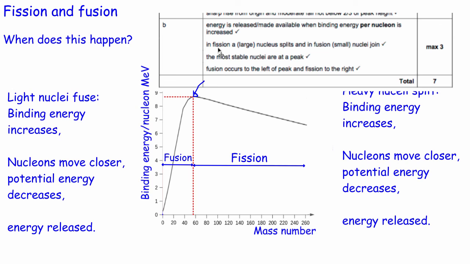You then can describe what happens in fission and fusion. So fission, a large nucleus splits, fusion, small nuclei join together. As we've again just said, the most stable nuclei are at the peak, and so fusion occurs on this side and fission occurs on this side. So you've basically described why fusion happens with small nuclei and why fission happens with large nuclei.